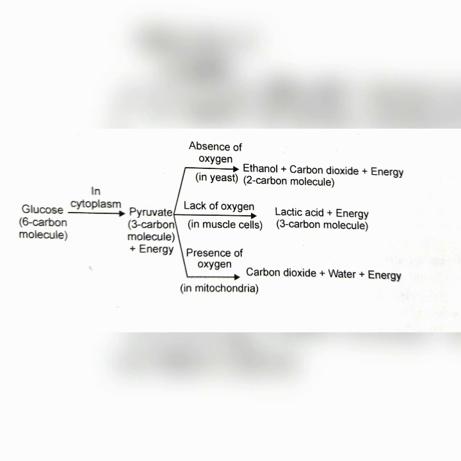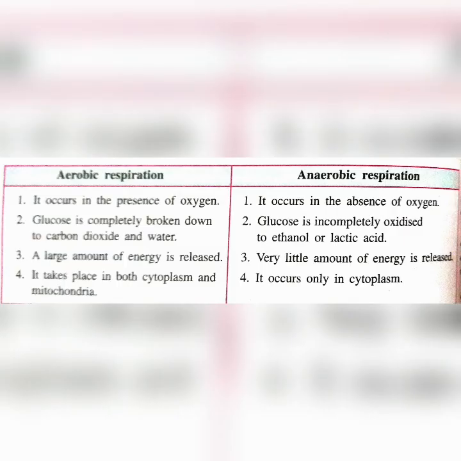Now the last one is aerobic respiration, in which breakdown of pyruvate takes place using oxygen in mitochondria. It breaks up the pyruvate molecules into carbon dioxide, water, and lots of energy compared to anaerobic respiration.